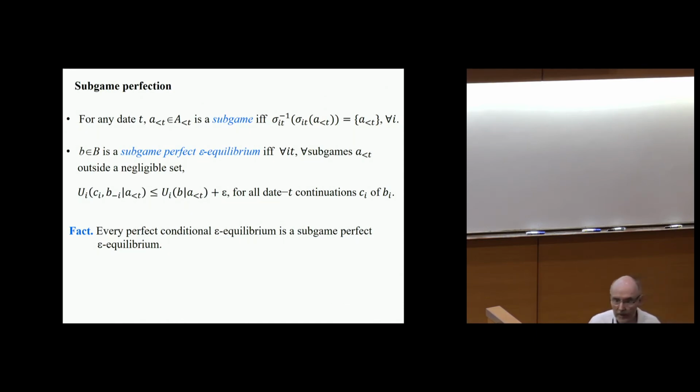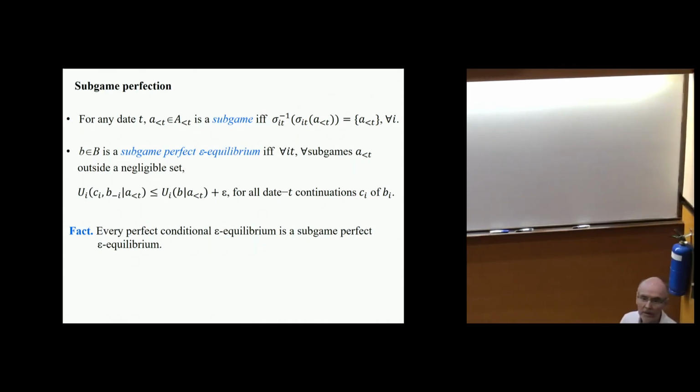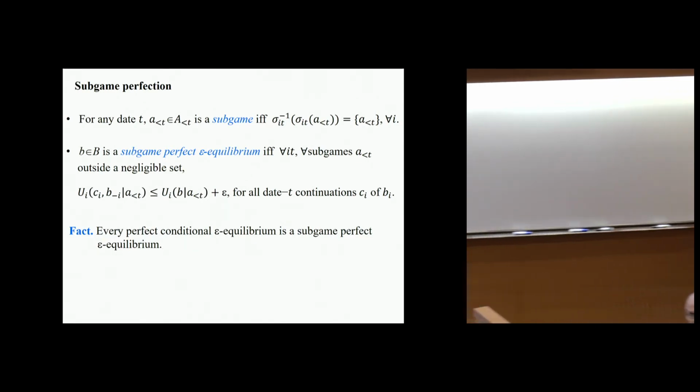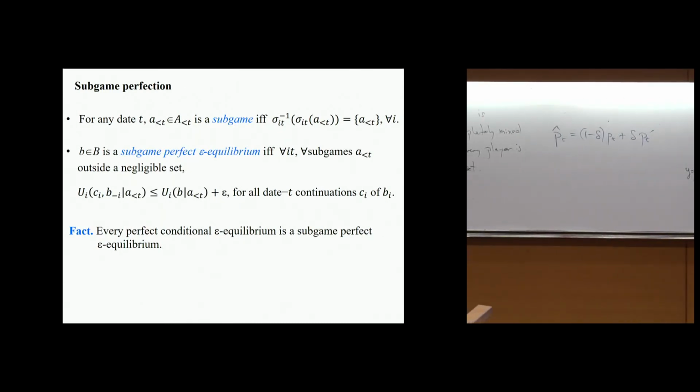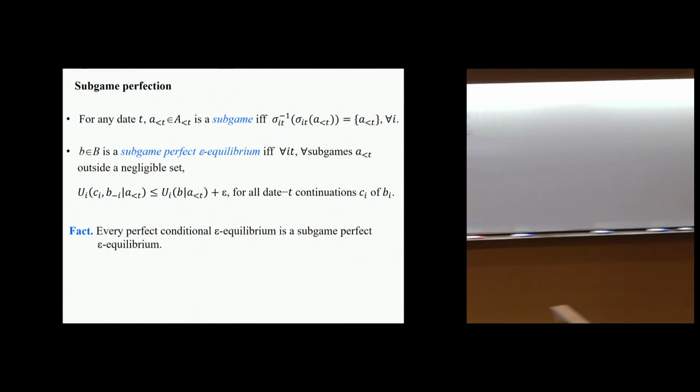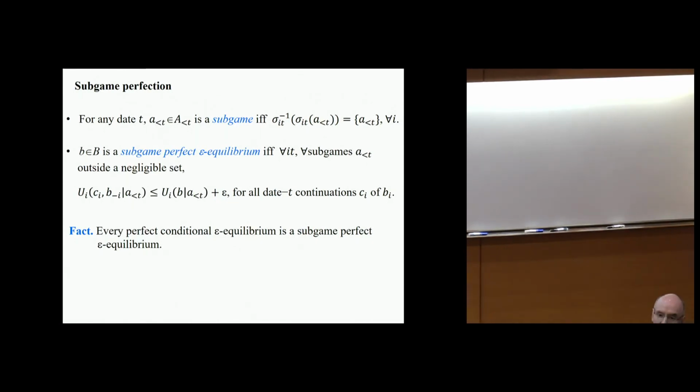Okay. Is there a question? Is it the same as saying that outside of the negligible set you are making every singleton an open set? Yes, every singleton is open.